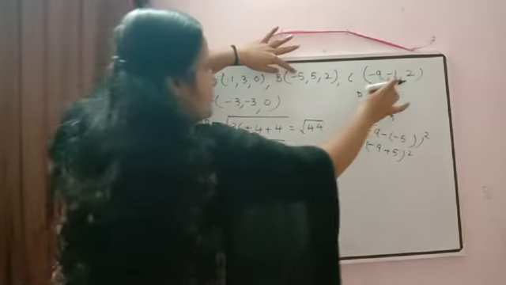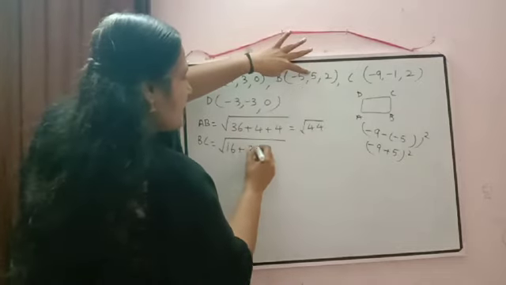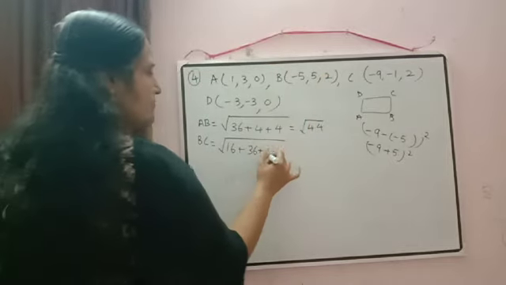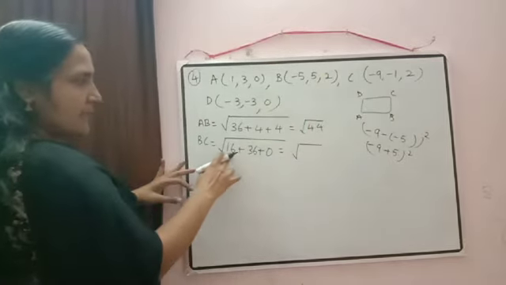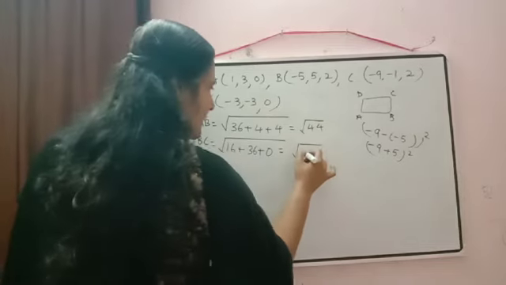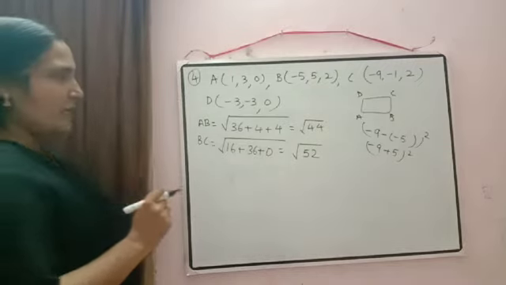Plus, next one, minus 1 minus 5, minus 6 square is 36. Plus 2 minus 2, 0. 0 square is 0 only. So what are we getting here? 36 plus 16 will be equal to 52. So we are getting root 52.